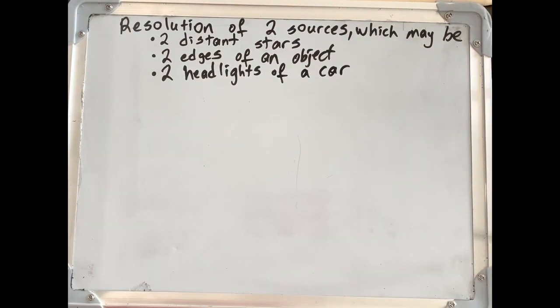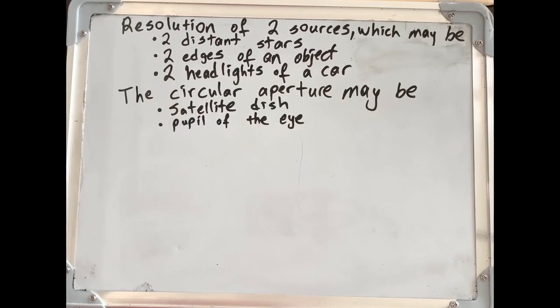They might as well be two headlights of a car. We observe these two sources and basically collect the light through a circular aperture, which could be a satellite dish, a telescope, or it could be the pupil of our eye.